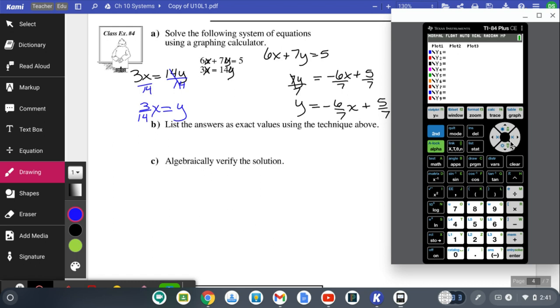Do you have an intersection point already? Yeah, but I don't think it's right. Mine's really funky. That's okay, I'll show you what mine is. Compare. Talk to each other.